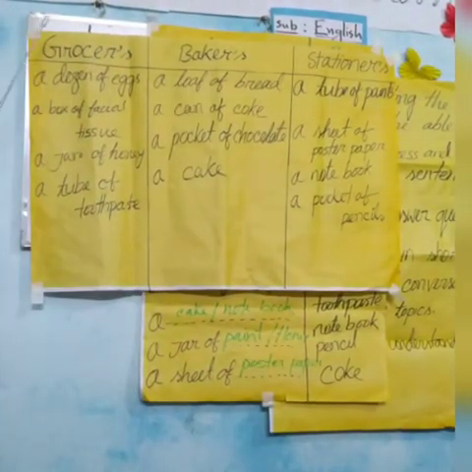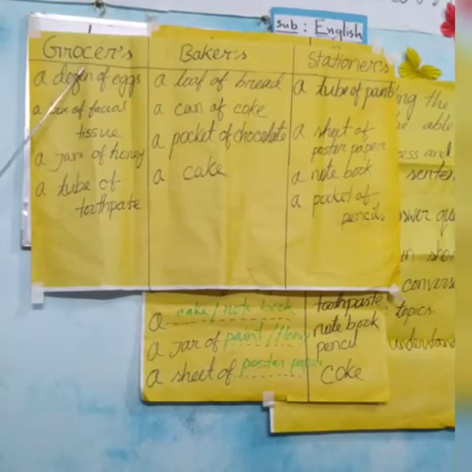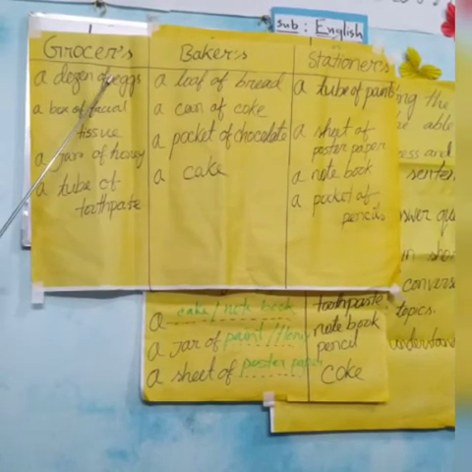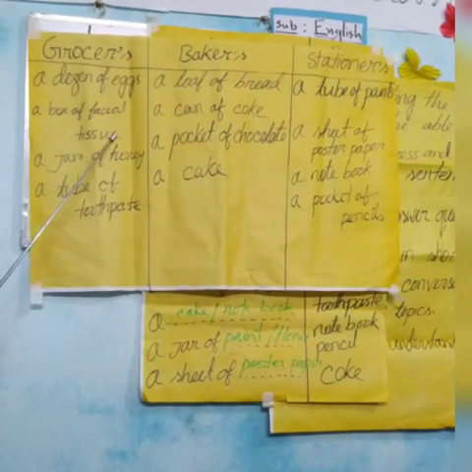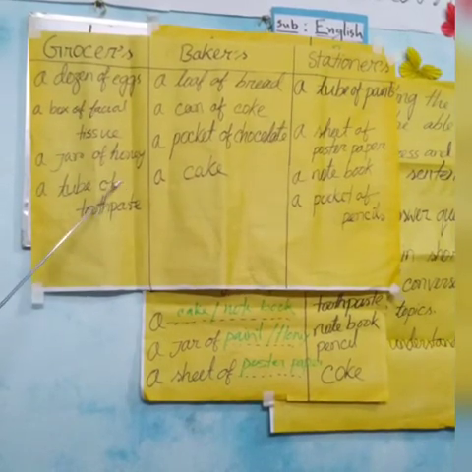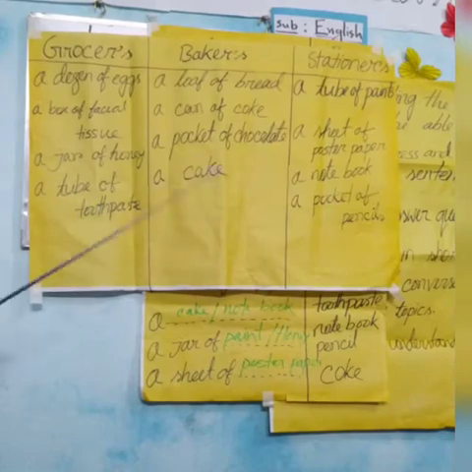In the poster paper we can see in grocer shops we can find a dozen of eggs, a box of facial tissue, a jar of honey, a tube of toothpaste.